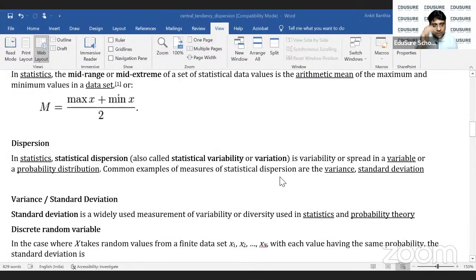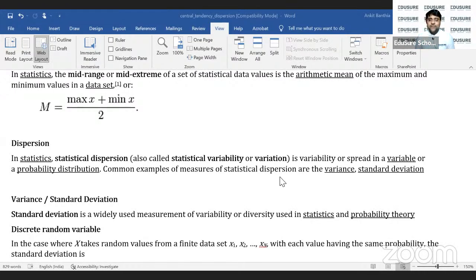After this we come to dispersion. The most popular measures of dispersion are variance and standard deviation. What is dispersion? How much clustering is there in the data, how close the data is to each other. What is the distance between the data? If the data is very close to each other, then the dispersion of the data is very low. So the standard deviation, which is a measure of the dispersal of data, is a very low number.